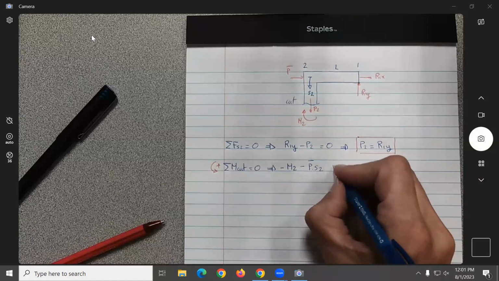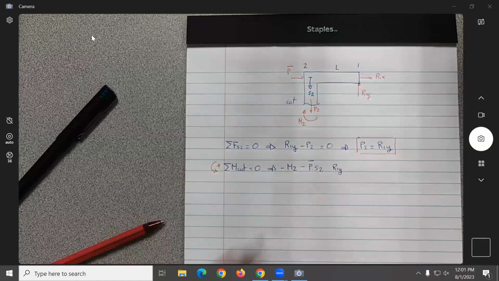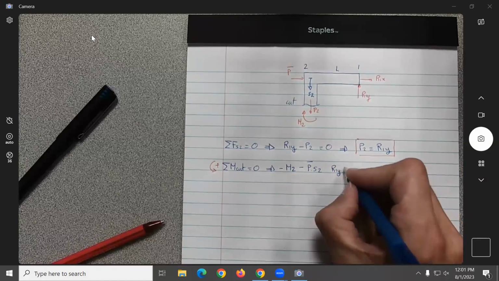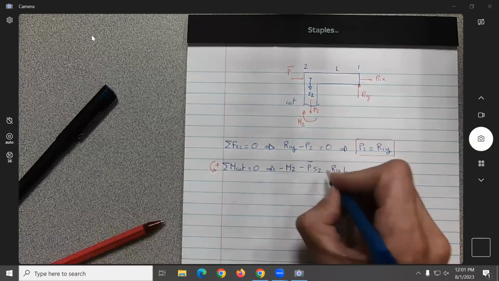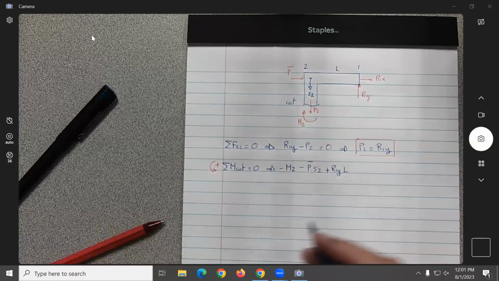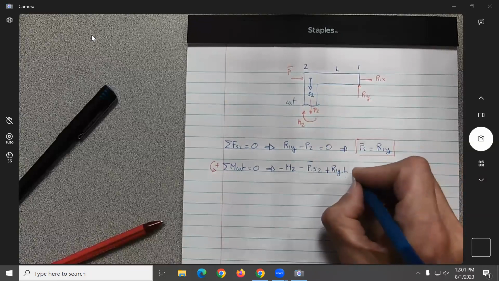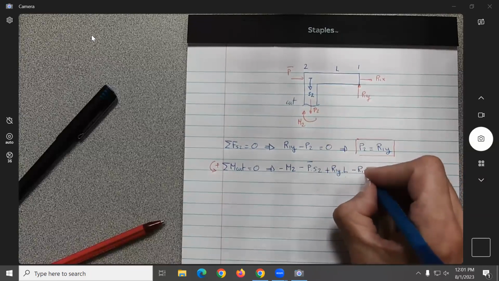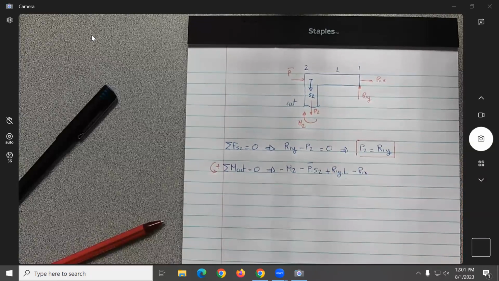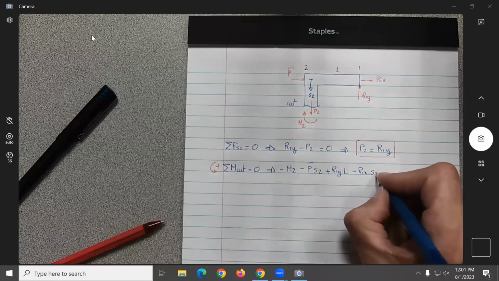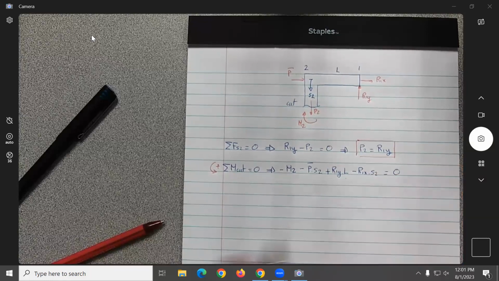Let's start with R1Y. Is that one positive or negative? Positive. And what is the arm? L. Yeah, correct. And then R1X would be times S2 equal to 0, no?